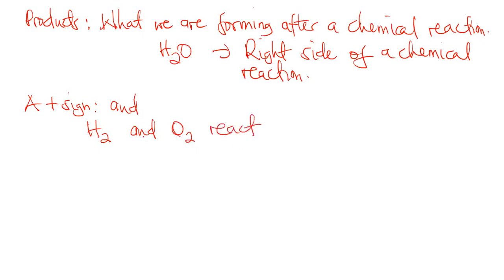So this and is plus. In this case, it's the same as 2H2 plus O2. So the plus sign just means and, that is, adding the two species that are reacting.